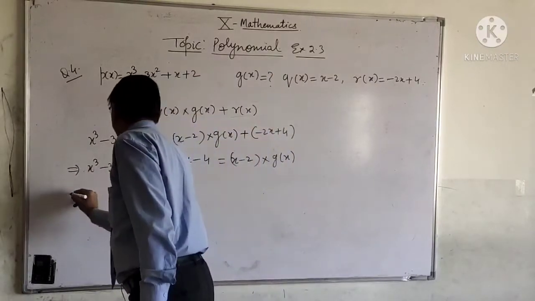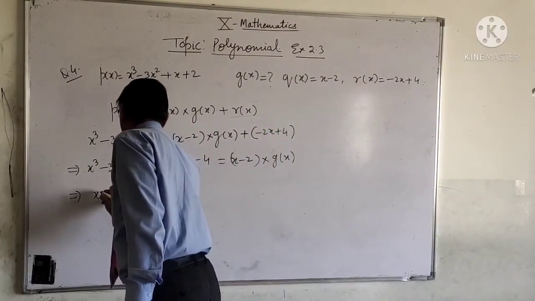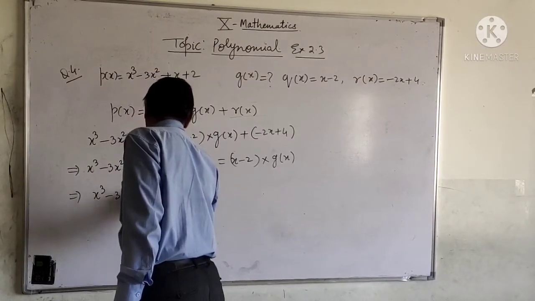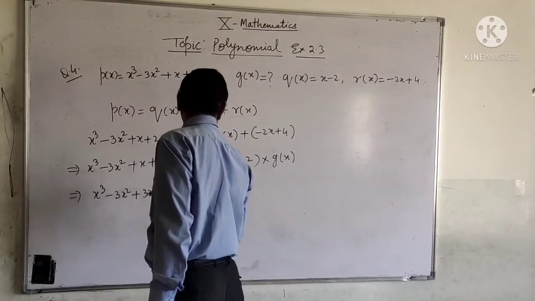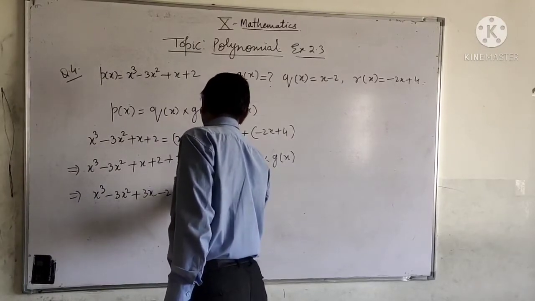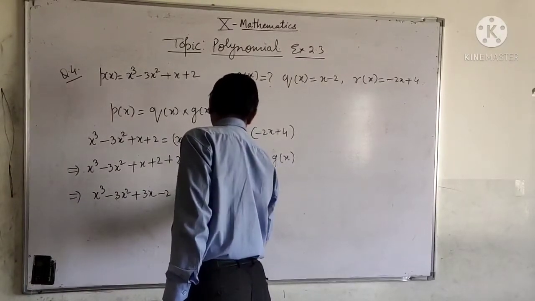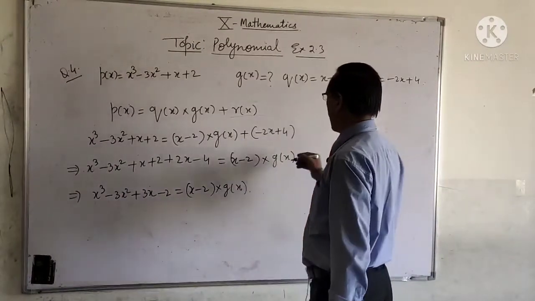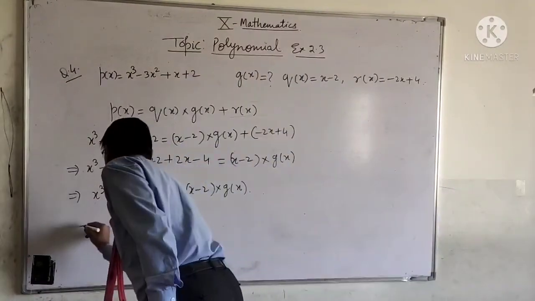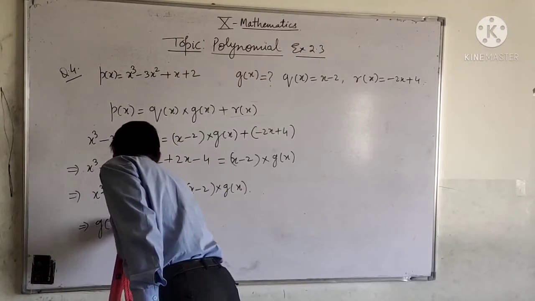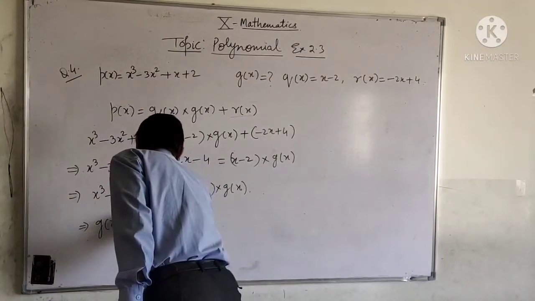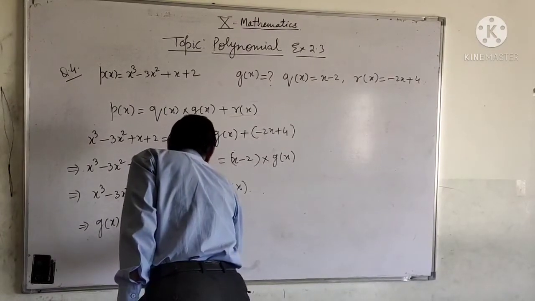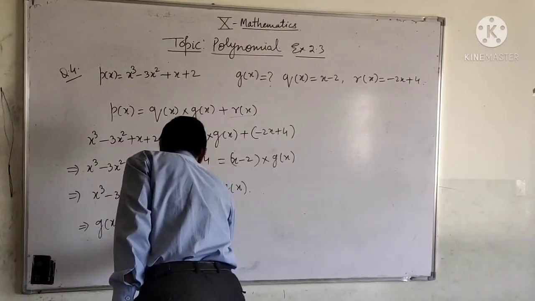Then it is x^3 - 3x^2 + 3x - 2 equal to (x - 2) into gx. Now we will find gx. So gx equals x^3 - 3x^2 + 3x - 2 divided by x - 2.